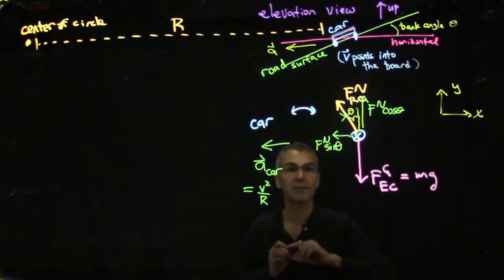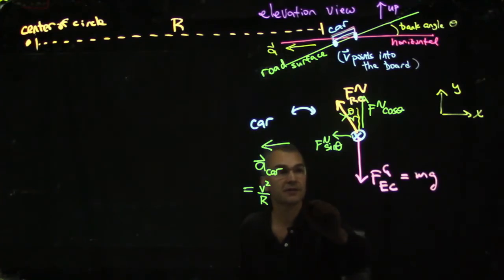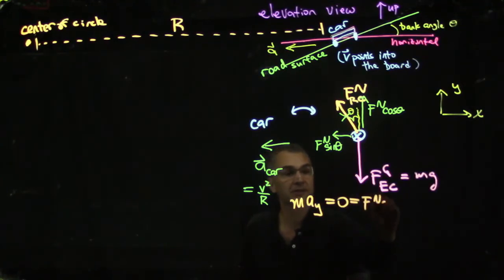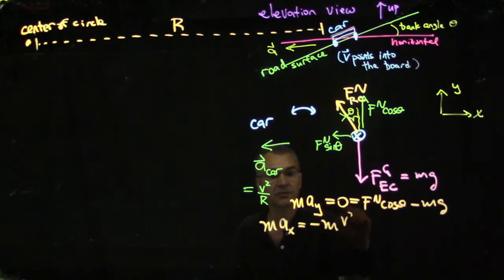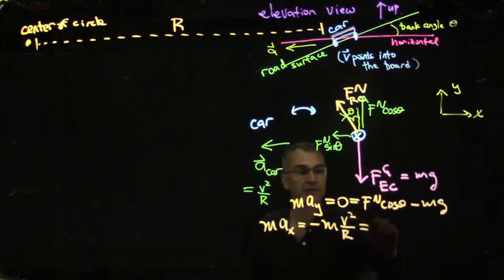It seems like the math that we get out of this is that a sub y equals 0 equals up minus down, F normal cosine theta minus mg. And then m a sub x equals minus m v squared over r equals, well, there is no right, there's only left. That's minus F normal sine theta.